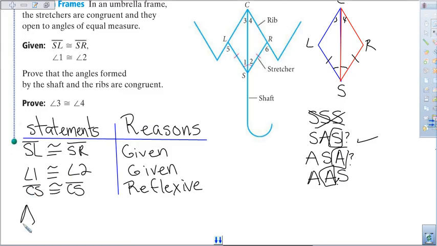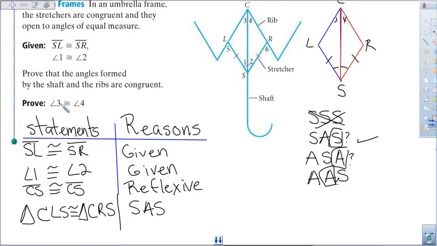Now I can say that triangle CLS is congruent to triangle CRS. How do I know that? Side, angle, side. Okay, but I wasn't trying to show that.